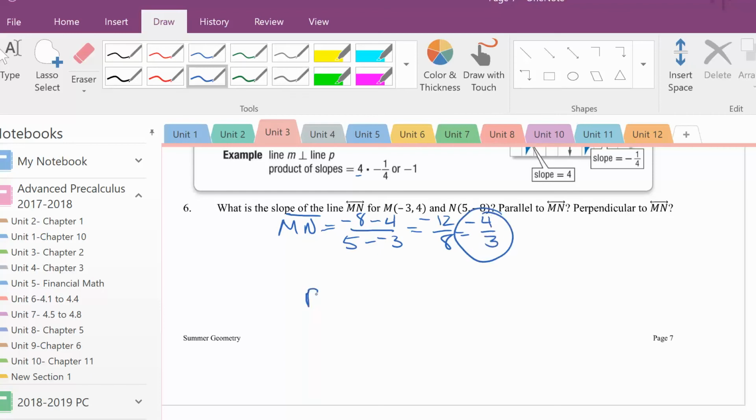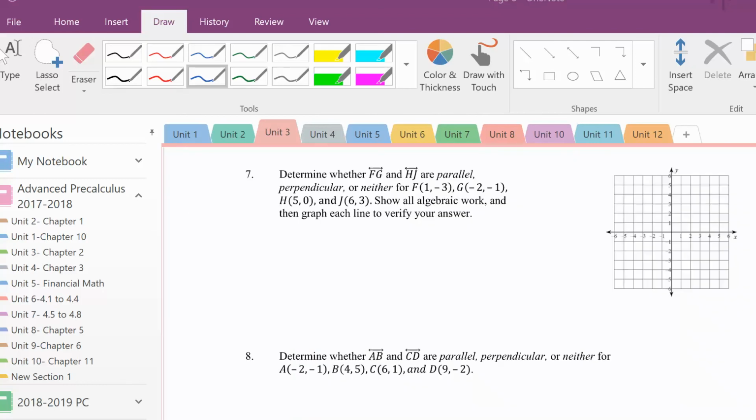Now the line parallel to MN also has the slope of -4/3, because remember, they're the same slope. Perpendicular to MN, it's the opposite reciprocal. So you flip -4/3, and then you have the opposite sign. So it's +3/4.